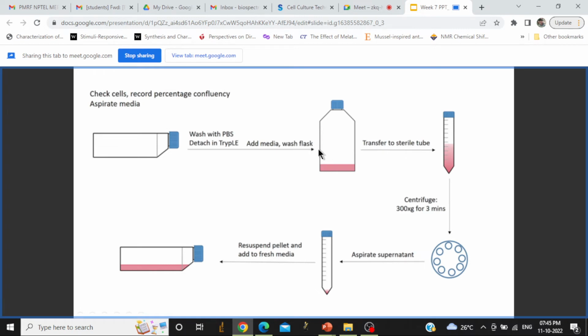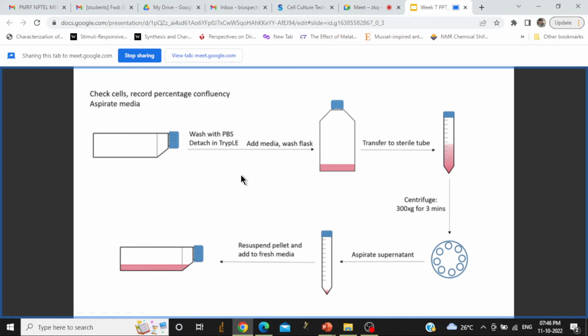Then you add media to the flask, and you can transfer the cells into 2 or 3 flasks to passage or split them, or do some other experiments. Why do we need to add the media?